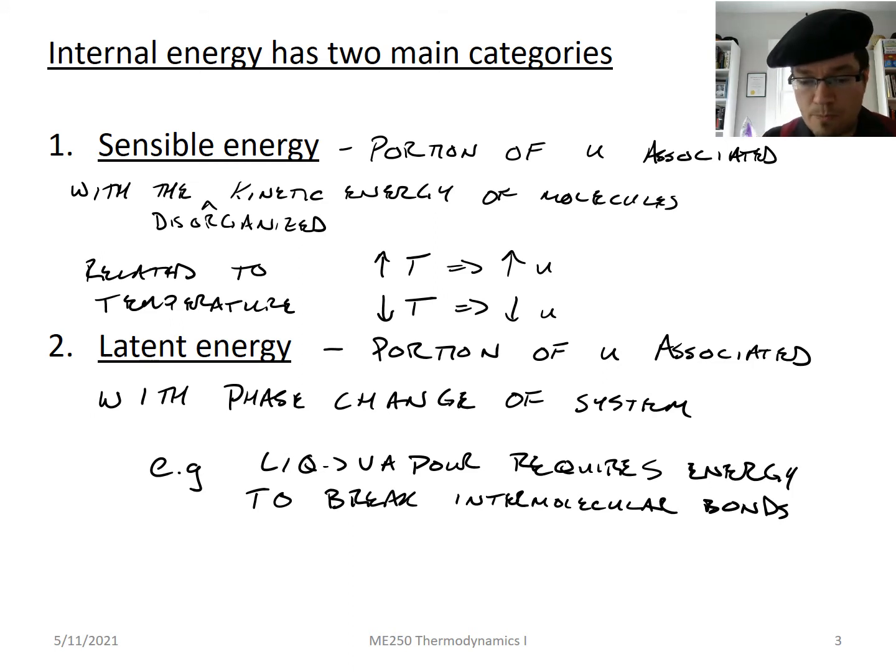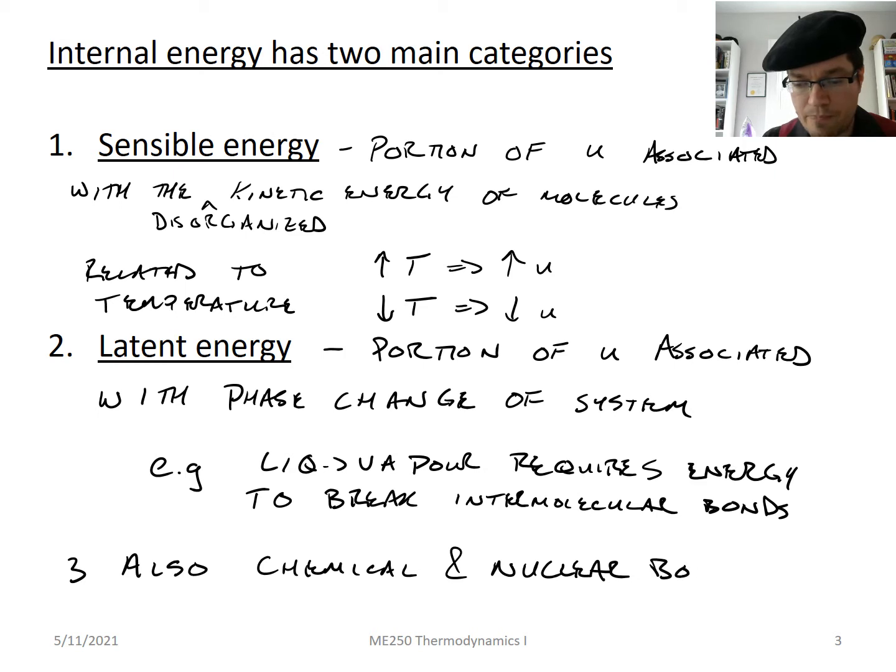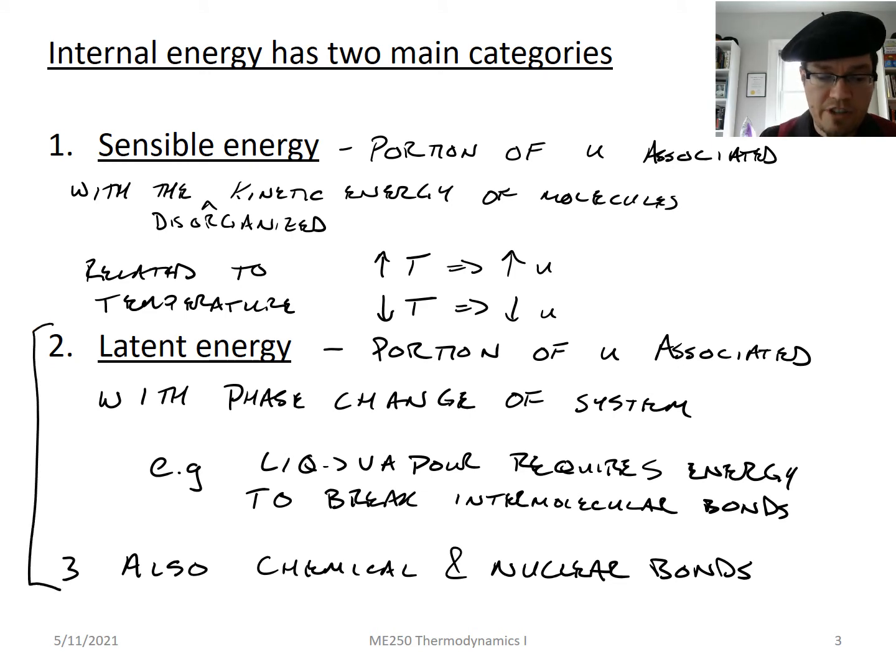There's also chemical and nuclear bonds, and this is another type of potential energy. 2 and 3 would both be termed potential versus sensible energies.